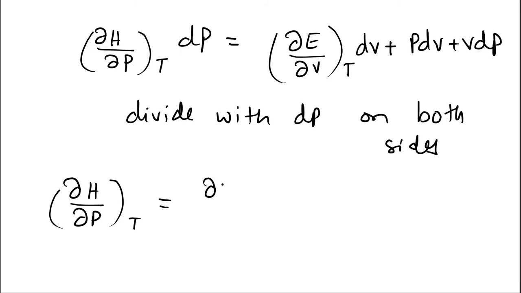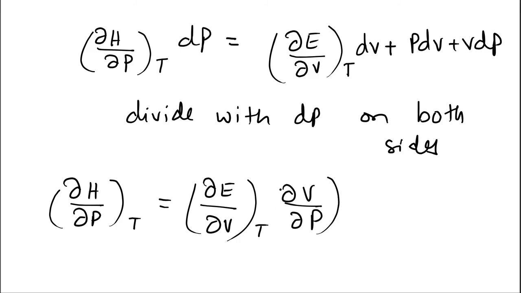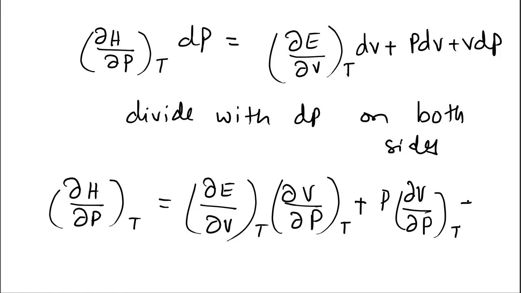So therefore we have ∂E/∂V times ∂V/∂P. It is a constant temperature process, therefore this is ∂V/∂P at constant temperature, and P times dP over dP is simply V.